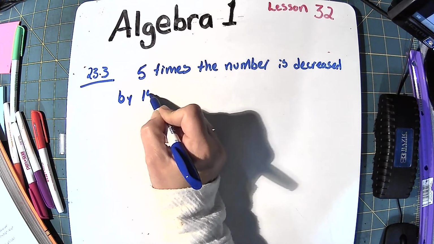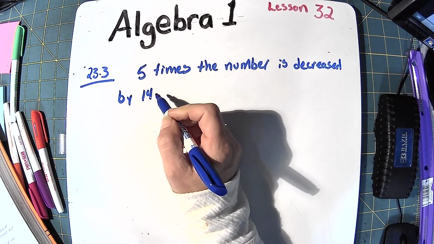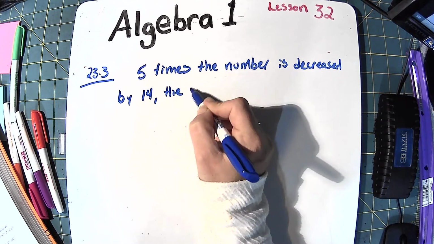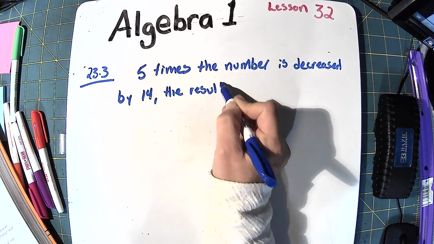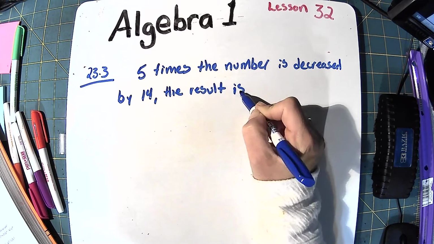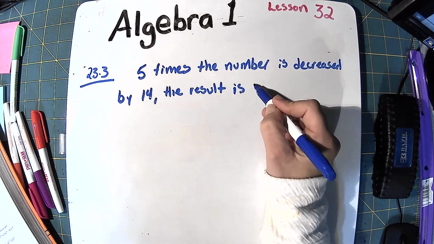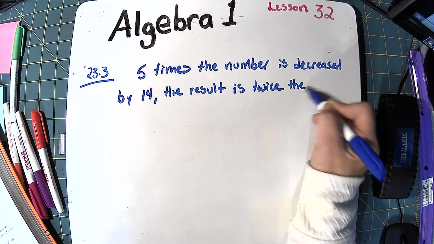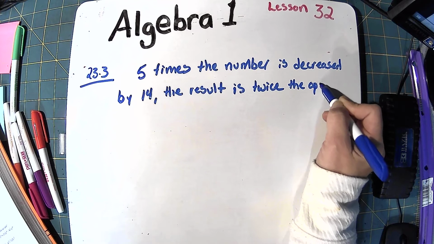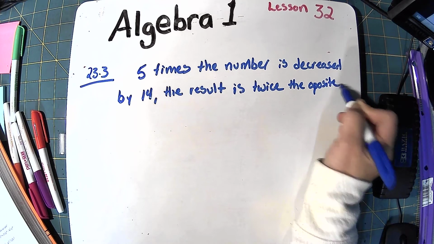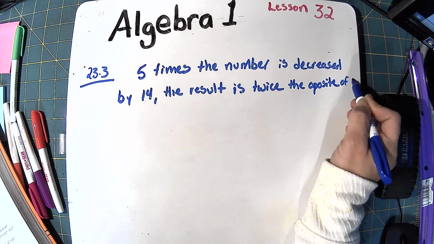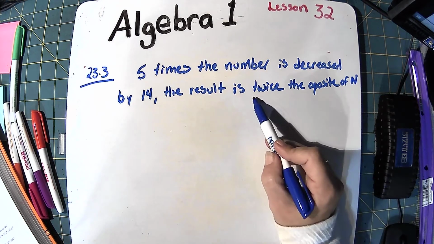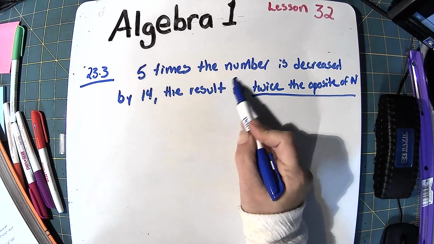The result is twice the opposite of the number. The opposite of, I'm just going to put n for number. Okay, so after "is," that's what we're going to have on one side. Here's our "is."